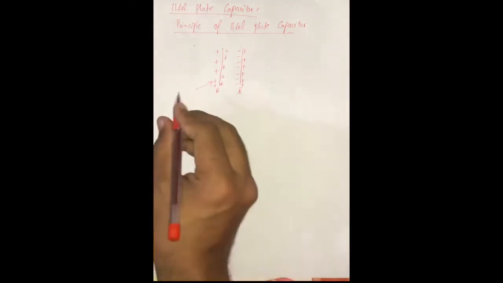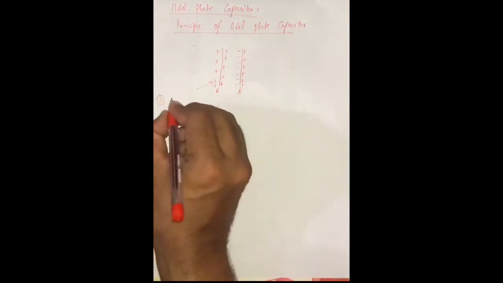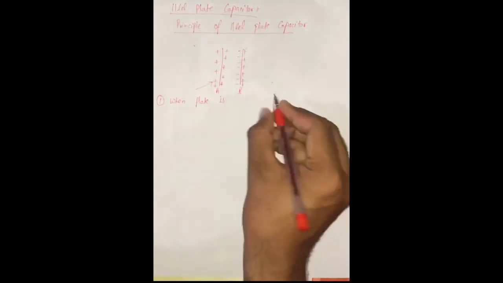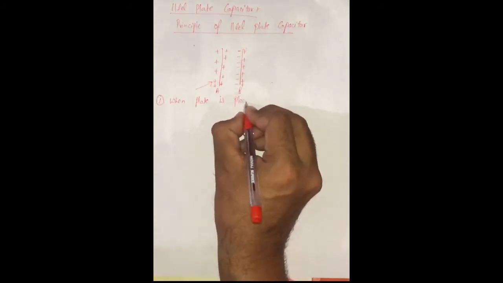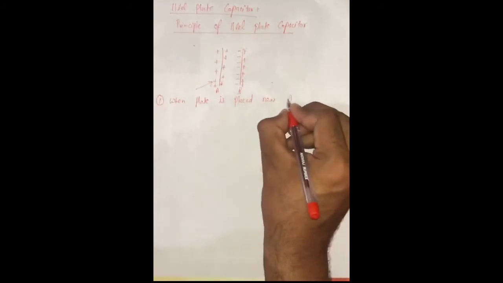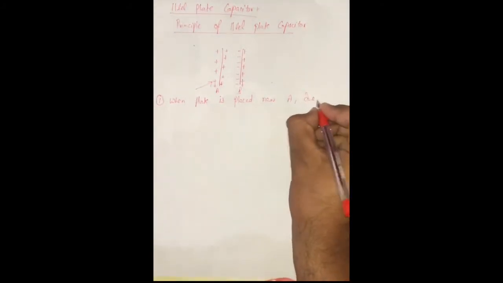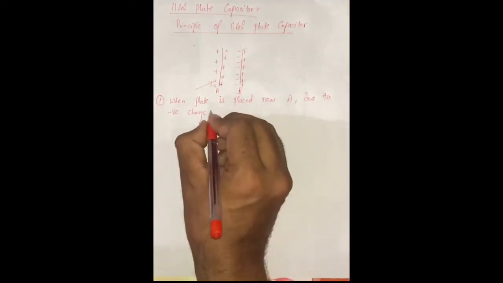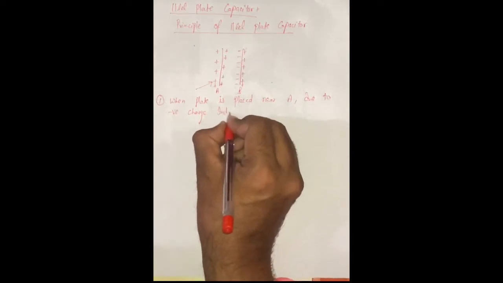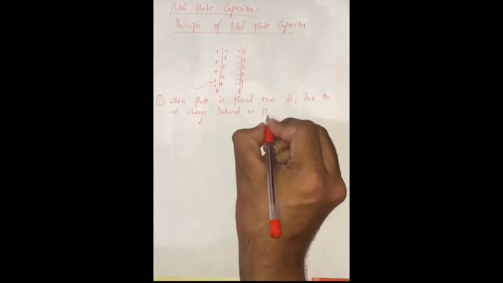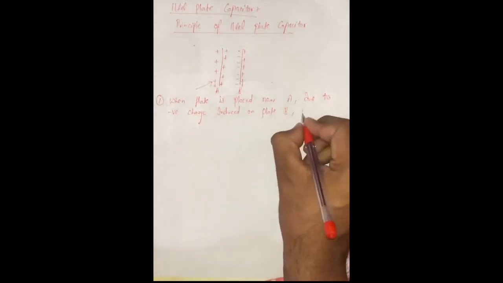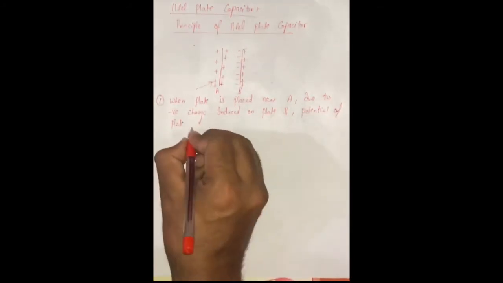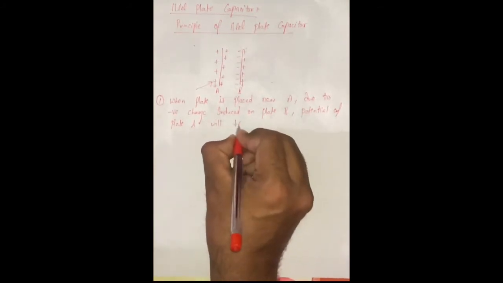Now, next step, so I will be writing it down. When plate B is placed near A, due to negative charge induced on plate B, potential of plate A will decrease.